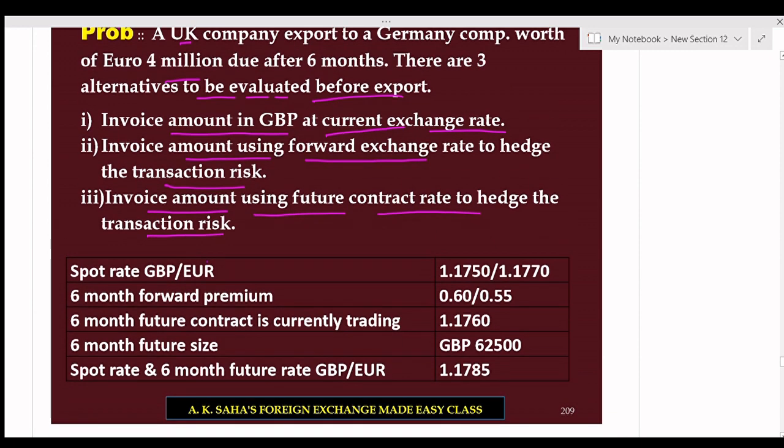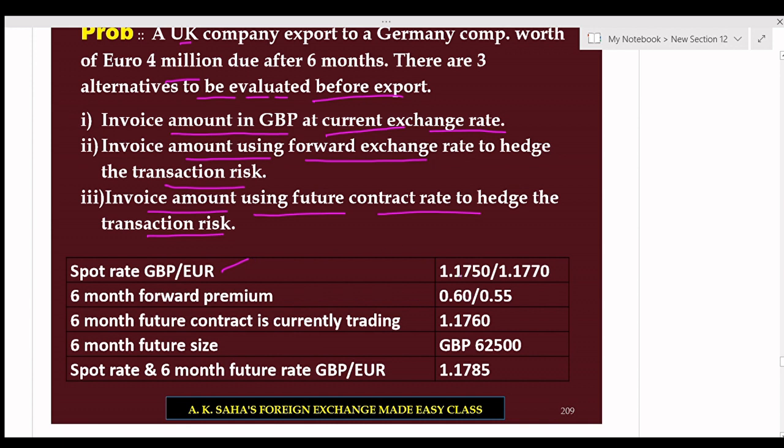Now the spot rate GBP/euro. You see the exporter is a UK company, so GBP/euro is an indirect quote in the UK. GBP is the base currency and euro is the quote currency. GBP is the domestic currency.